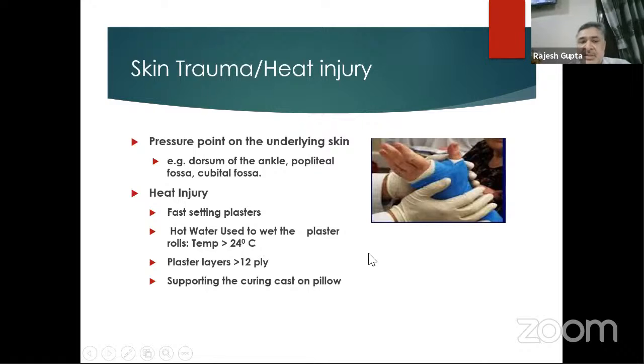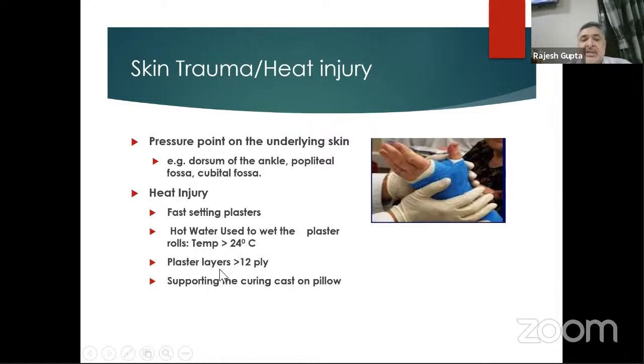Coming to heat injury, it is more common with the fast setting plasters. And when we use hot water at a temperature more than 24 degrees centigrade, there are chances of heat injury. So what is the optimum temperature? It is a lukewarm temperature between 22 to 24. So we should not use very hot water for wetting the plaster bandage.